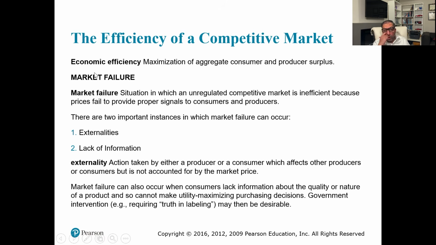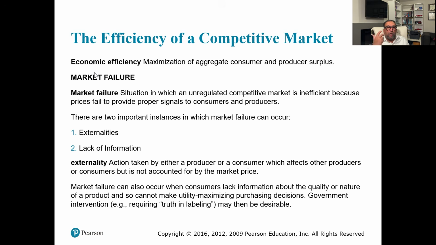It is not necessary that the market always provides the best outcome. There is a possibility that the market outcome is not best for the economy, and there are two reasons behind this failure.